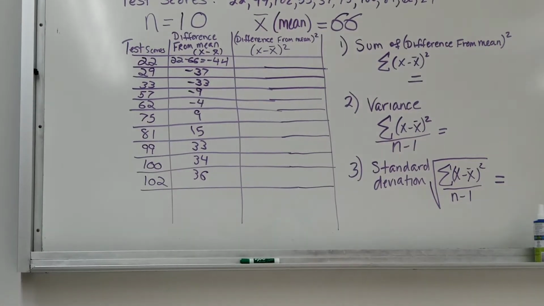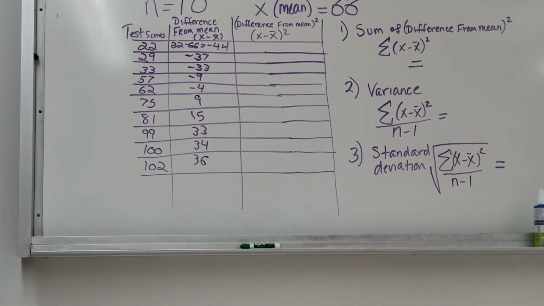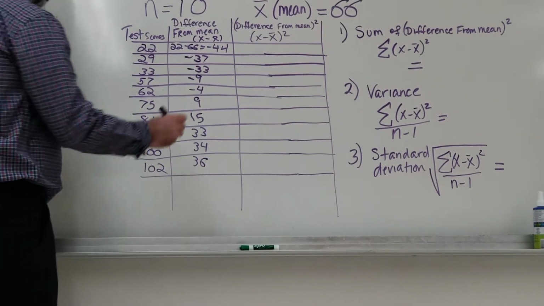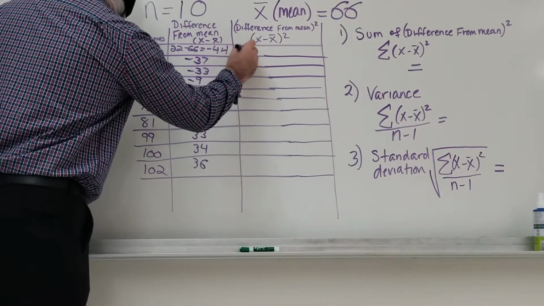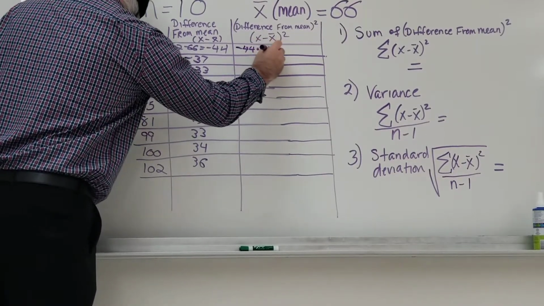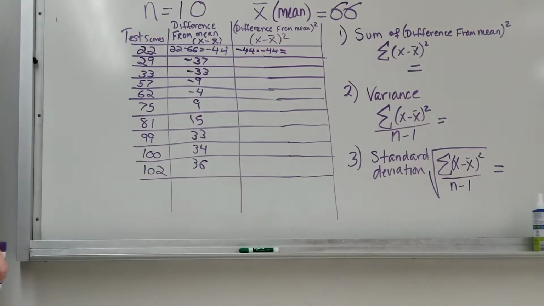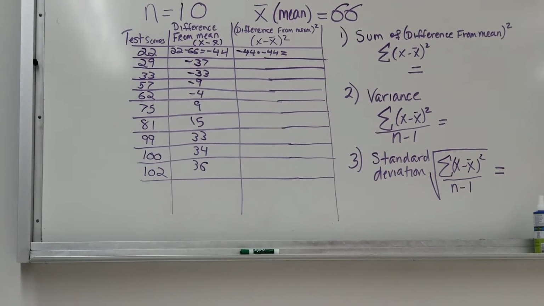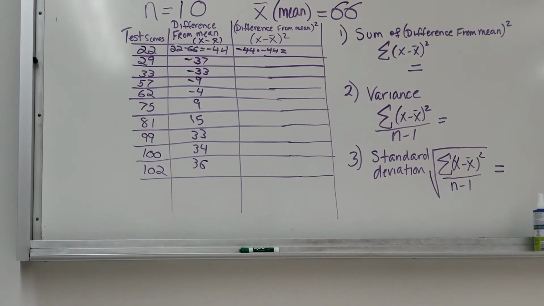Your third column of the table is for you to take that difference, so negative 44, and square it. Please make sure that if you are using a calculator with a square button, you use parentheses around the negative 44. If you don't, it will only square the 44.